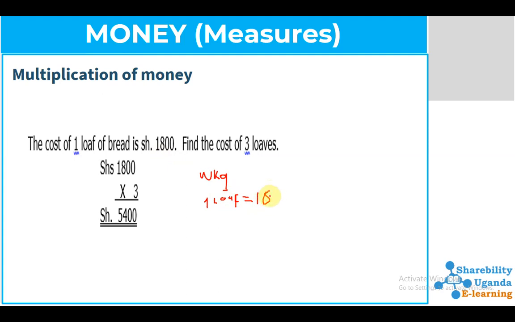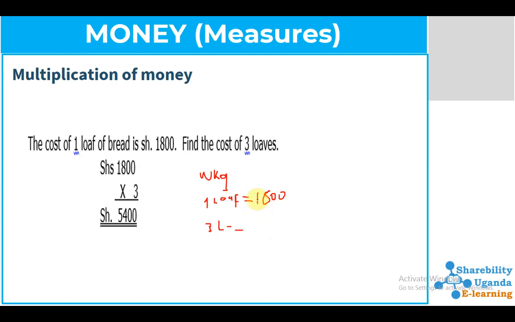They are asking you to find the cost of 3 loaves. Then that means our 3 loaves will be equal to, they want us now to find out the cost of 3 loaves.